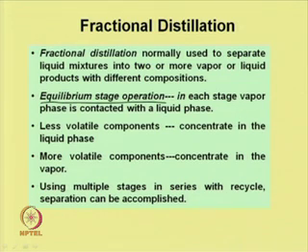That means, in each stage the vapor phase is contacted with a liquid phase, and the vapor and liquid come in equilibrium. What happens? The less volatile component is concentrated in the liquid phase and the more volatile component is concentrated in the vapor phase.